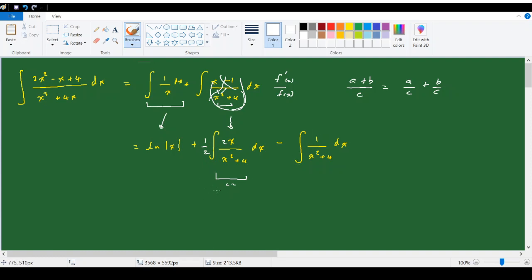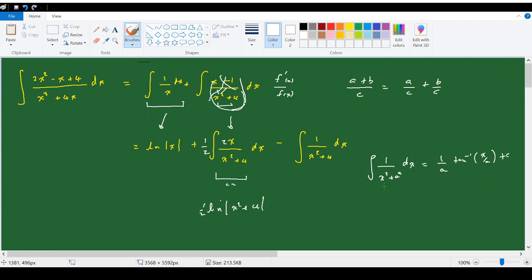And so the answer for this one will be half times the log of x squared plus 4. And for this one we will have to use another standard integral result, okay, which is the integral of something like this is equal to 1 over a tan inverse x divided by a, right?